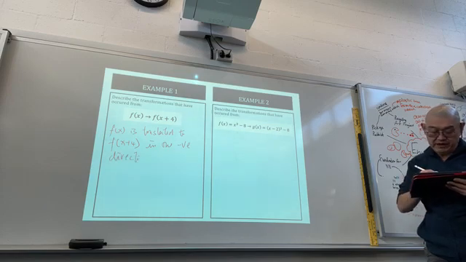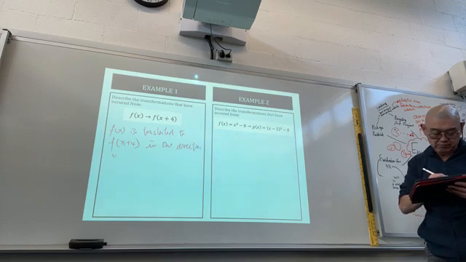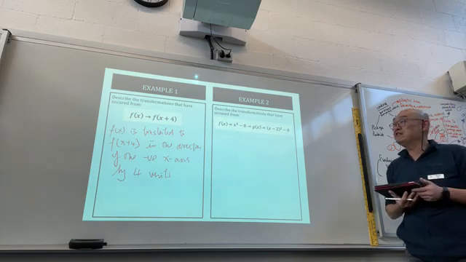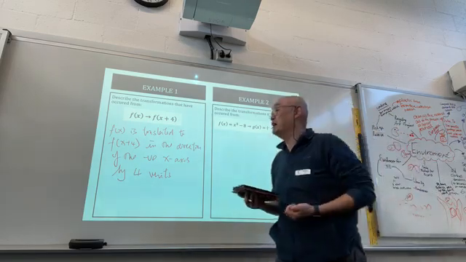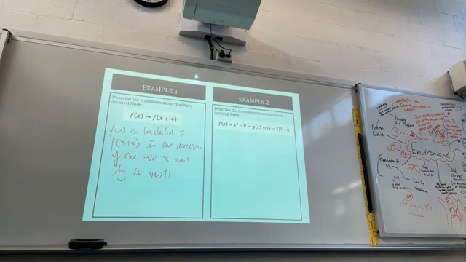In the direction of the negative x-axis. All right, so f(x) is translated to f(x + 4) in the direction of the negative x-axis by 4 units.